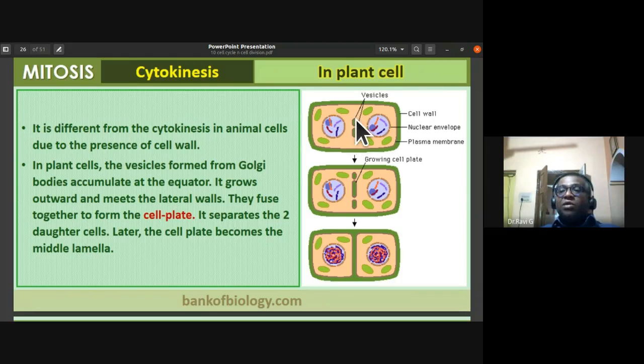In plant cells, the Golgi bodies produce vesicles, and these vesicles extend outwards and meet the lateral walls. They fuse to form the cell plate, which separates the two daughter cells. Later, the cell plate becomes the middle lamella. This is the process that takes place in cytokinesis in plant cells during mitosis.